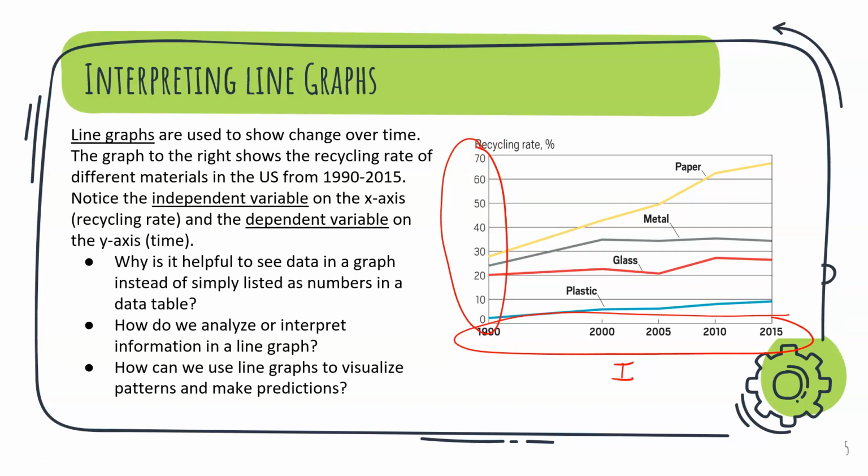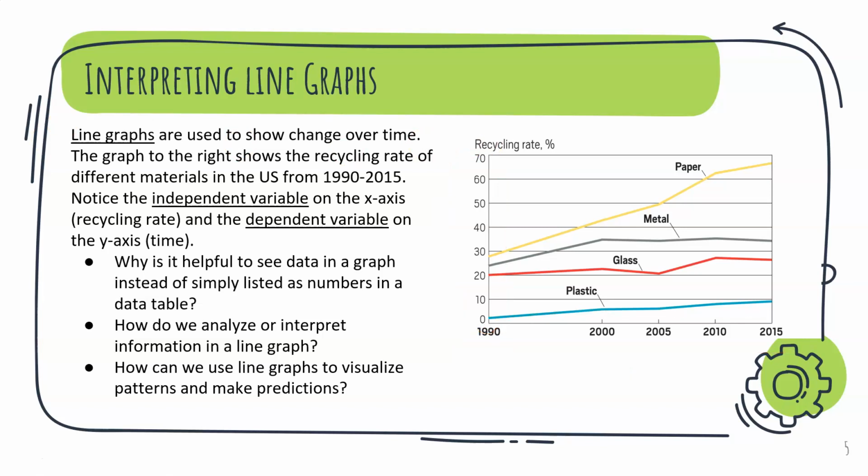So why is it helpful to see data in a graph instead of simply listed as numbers in a data table? Well, if you look at this graph right here, you can clearly see the trends. Paper and plastic are both going up.